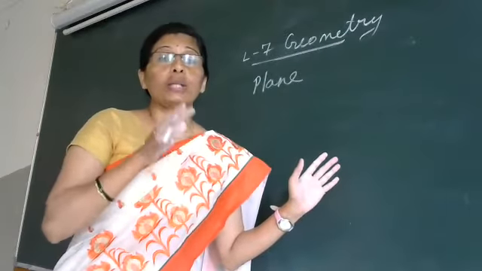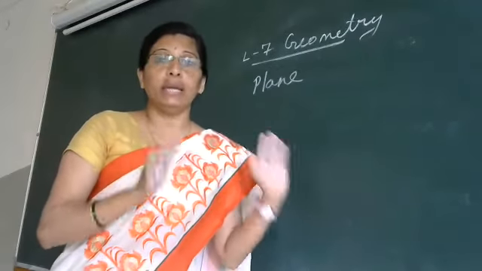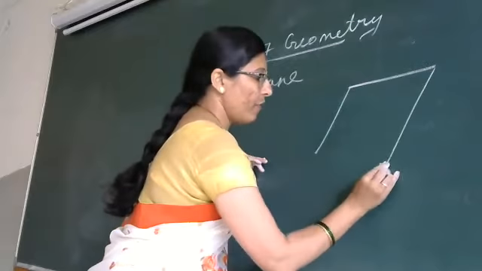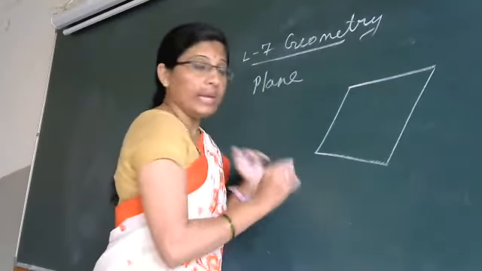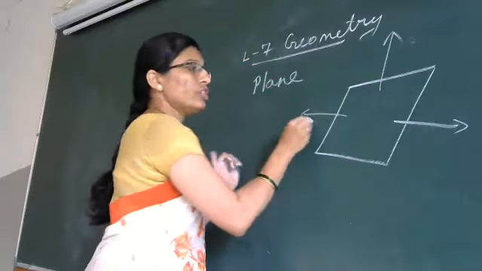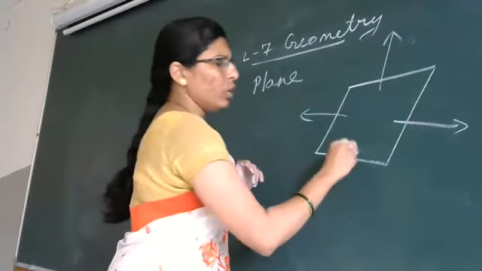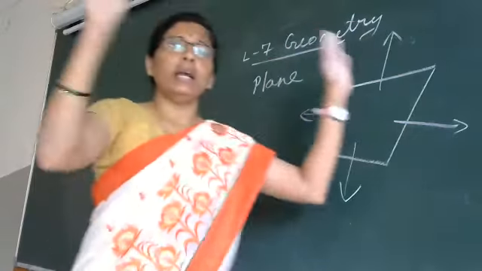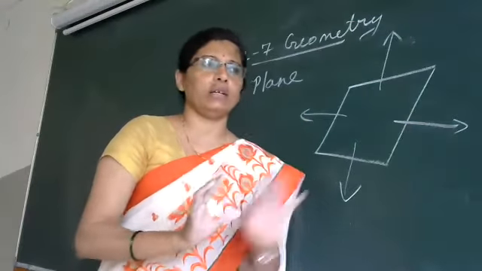But the concept of a plane means a flat surface which extends from all the sides. There is no end. It continuously goes. Now this board is only a rectangular plane.